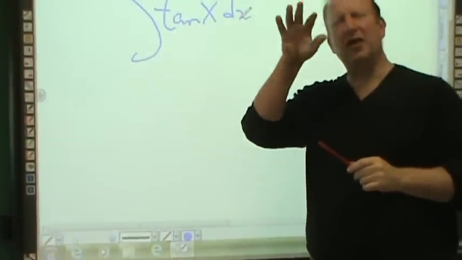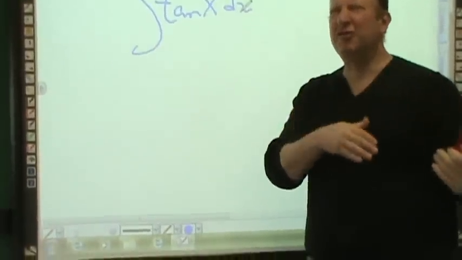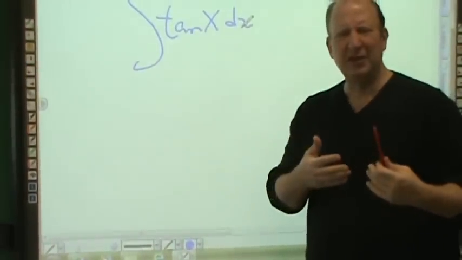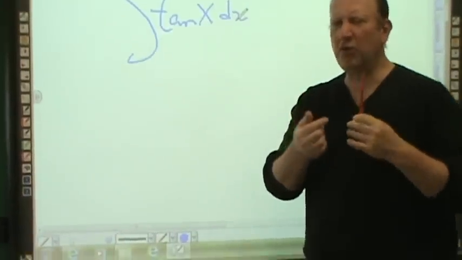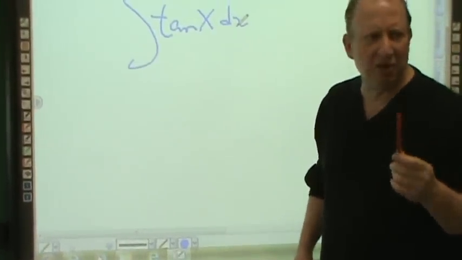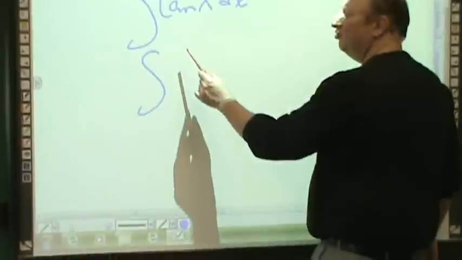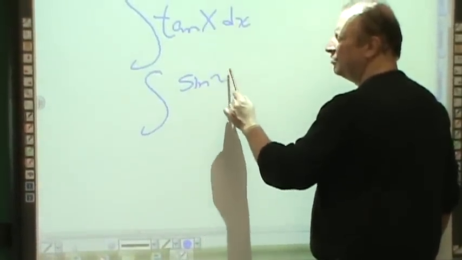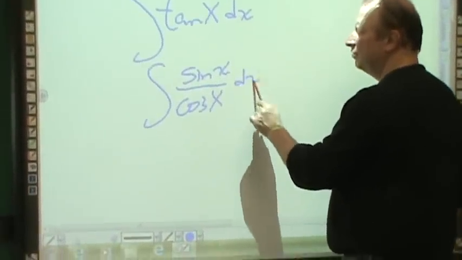Tangent squared, no. Derivative of tangent, secant squared, I don't have that. Wait a second, I have an identity. Do we know what tangent x is? For those of you who answered sine x over cosine x, you're right. So I can say tangent x is sine x over cosine x dx.